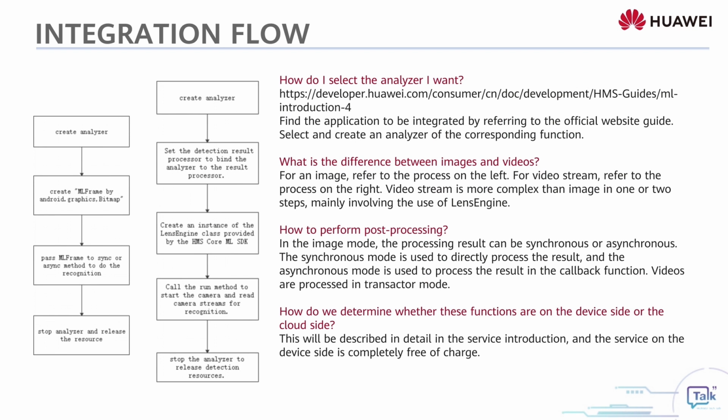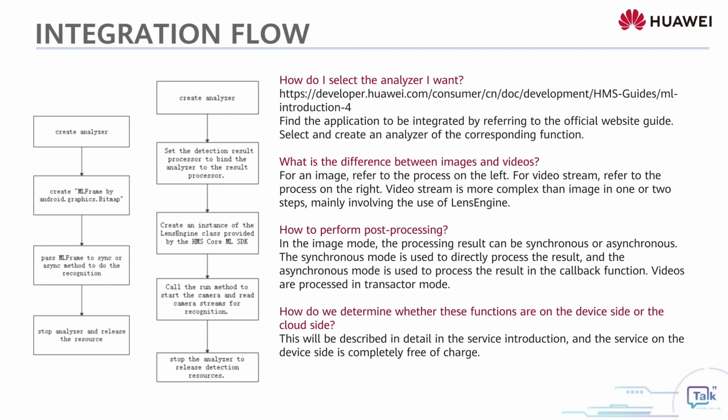Here you can see the integration flow for images and videos. First step is to select and create an analyzer of the corresponding function. For an image, we can use the flow on the left. For a video, the process on the right-hand side will be implemented. Video stream is a little bit more complex than image, mainly involving the use of lens engine.